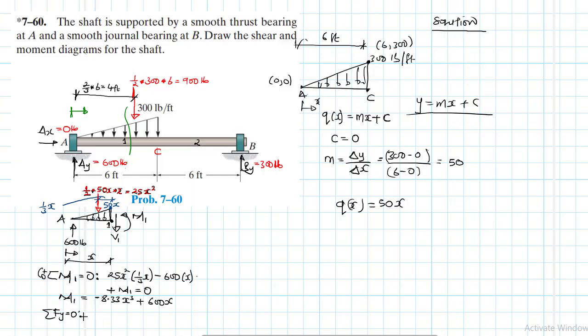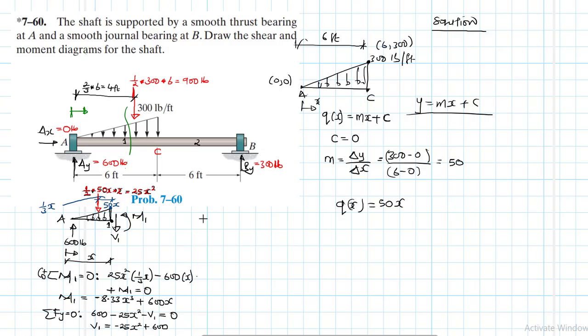What do we have? We have 600 minus 25x squared minus v1 equal to 0. Therefore, our v1 is equal to minus 25x squared plus 600. Great. This is about it.